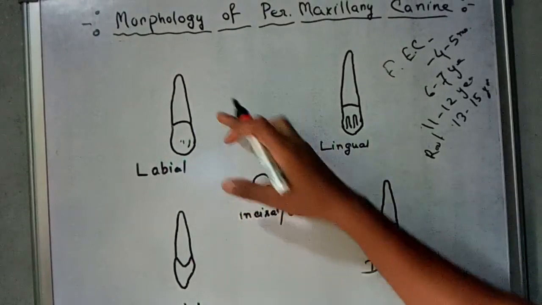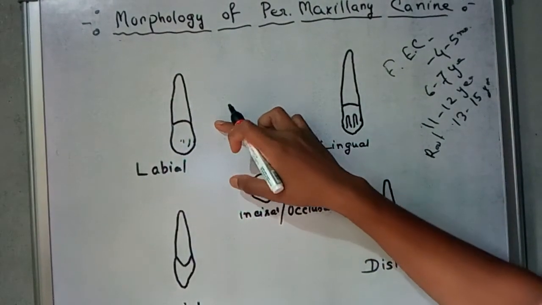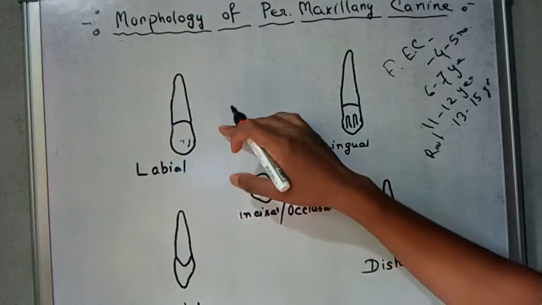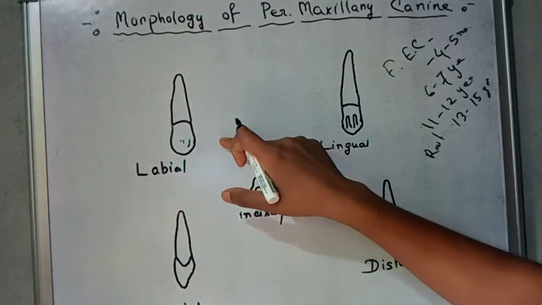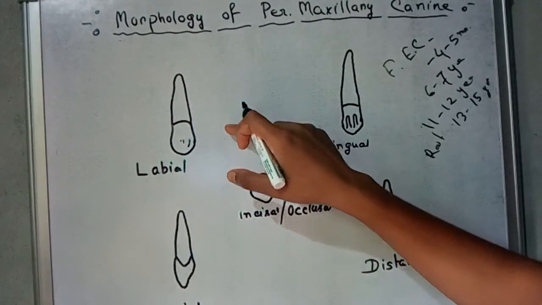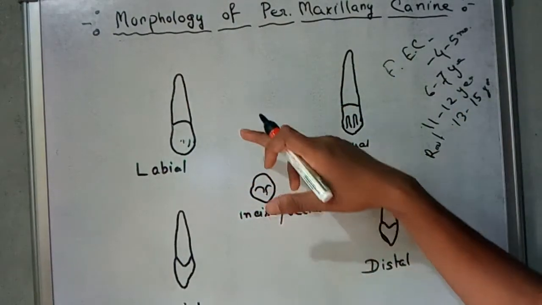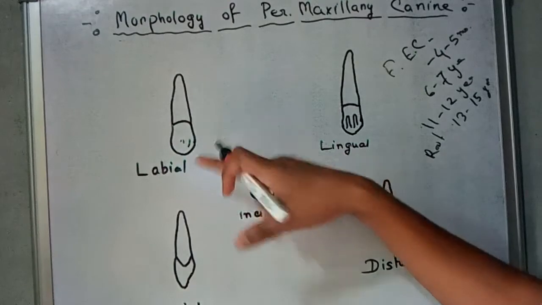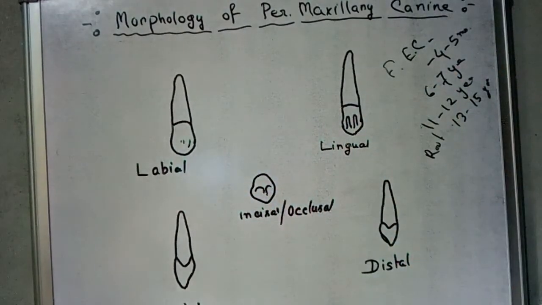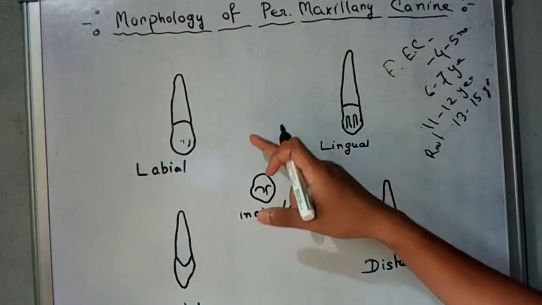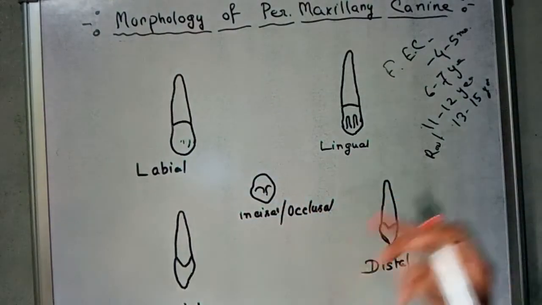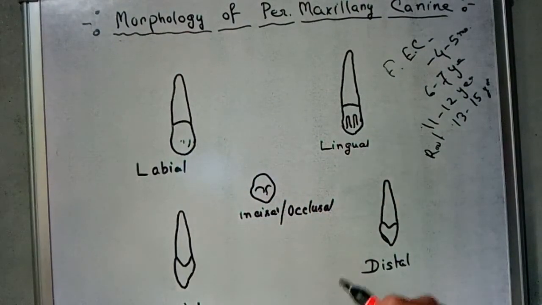The labial surface is convex in all directions, but the curvature is more pronounced mesiodistally. The general outline is pentagonal, and the incisal aspect has a large cusp with a pointed cusp tip.